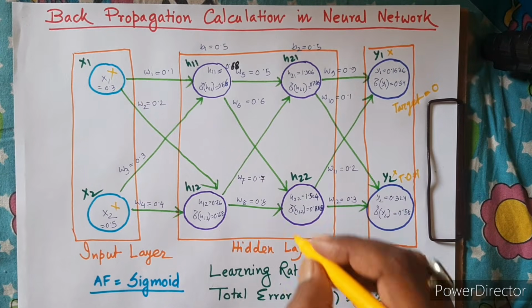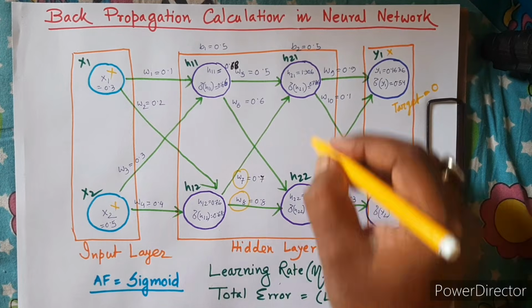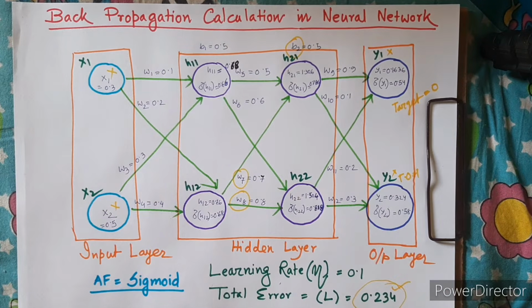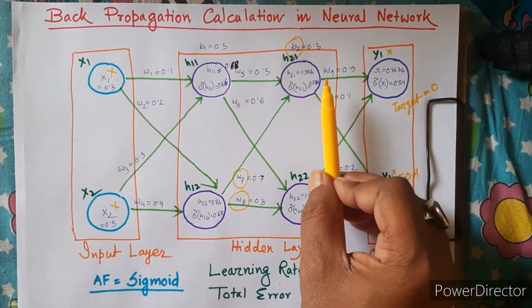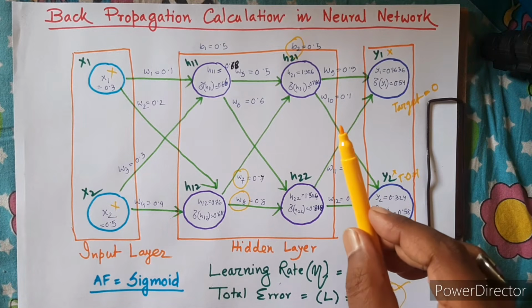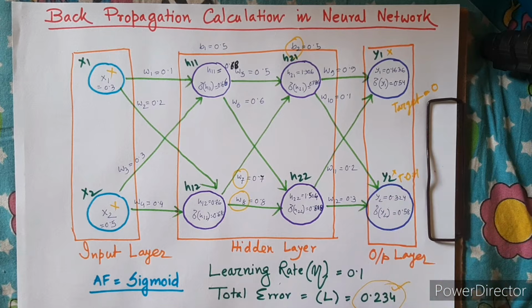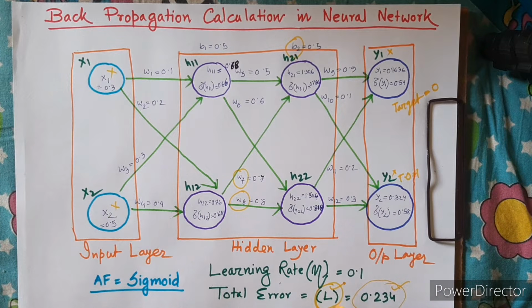So what I can change is my weights and the bias. So for each layer I will calculate how the weights can have some new value so that the error will be minimized. So I need to minimize this loss or error.